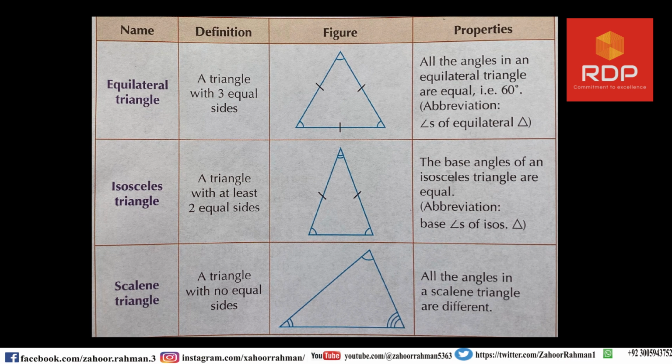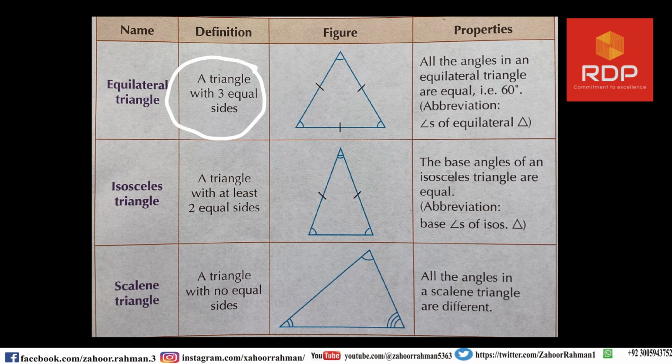The first type of triangle is known as the equilateral triangle. Equilateral means equal sides. All three sides of the triangle in this case are equal.